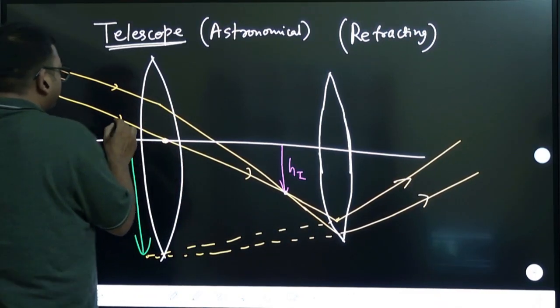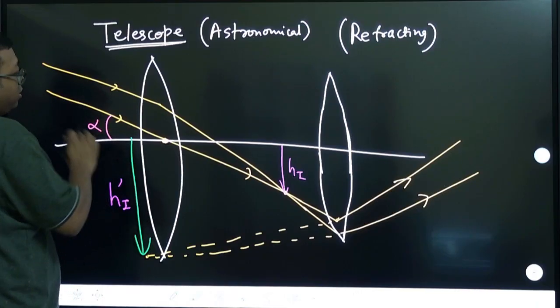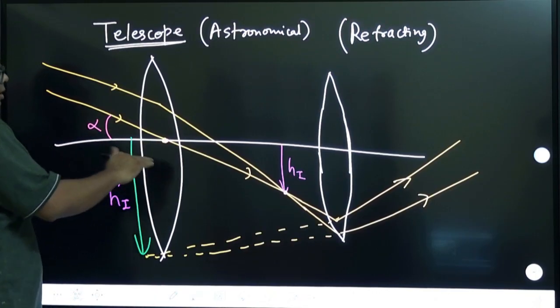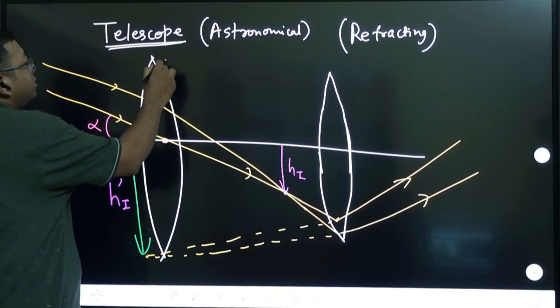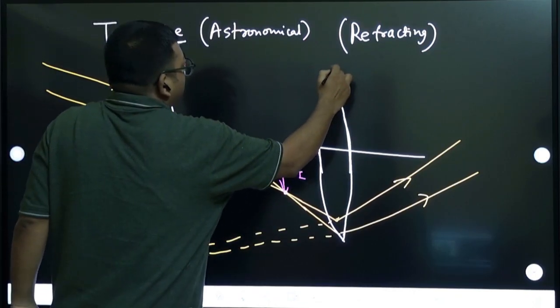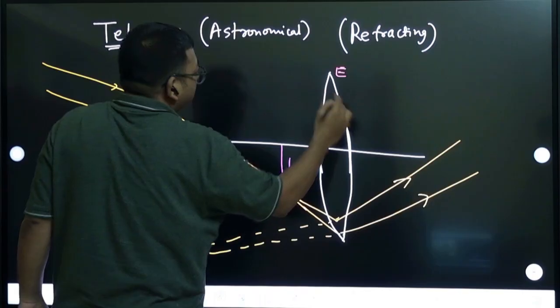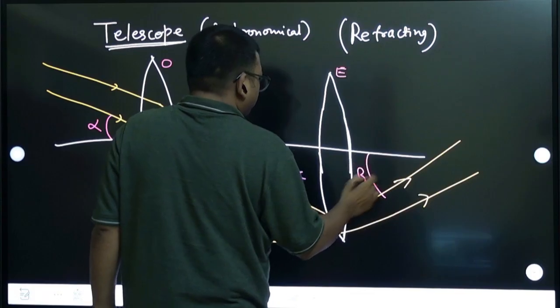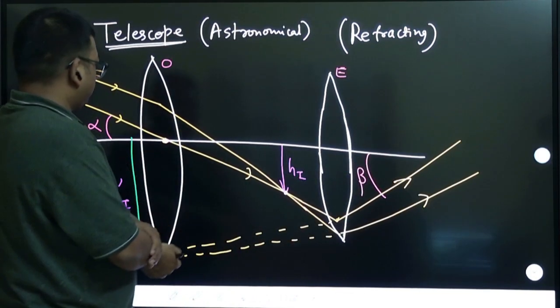This angle they are considering as angle alpha. Incident rays are making angle alpha with the optical axis at the objective. Okay, and the final rays are making angle beta here at the eyepiece, alpha, beta.